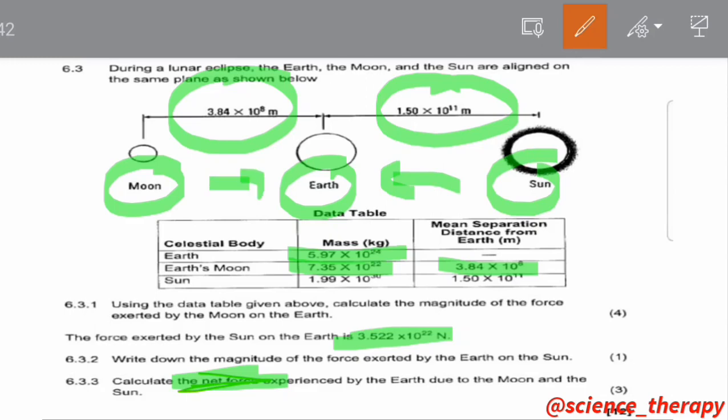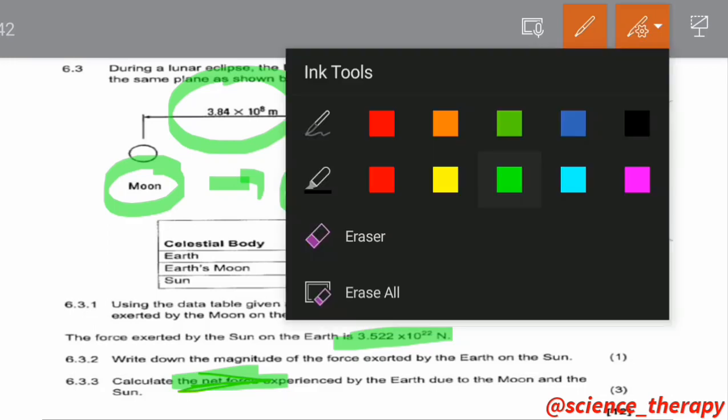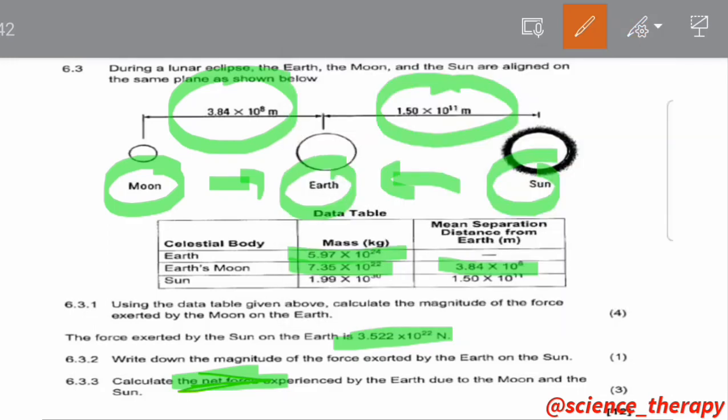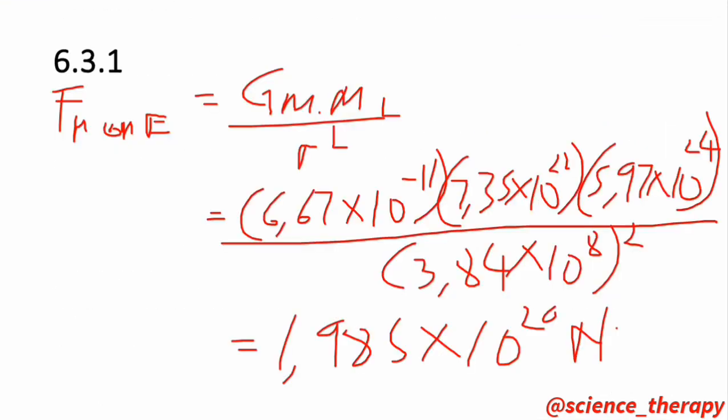So at this point we are trying to find the net force, but we can see that they are not in the same direction, right? So now we have to choose the direction. Obviously it is best that we choose right as positive, because that's how we know best. So we are choosing right as positive.